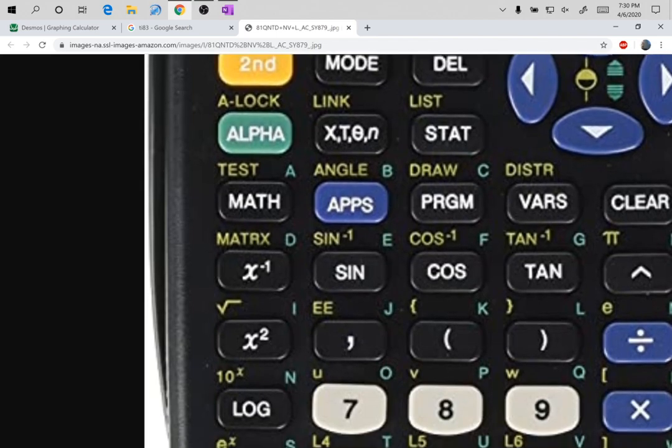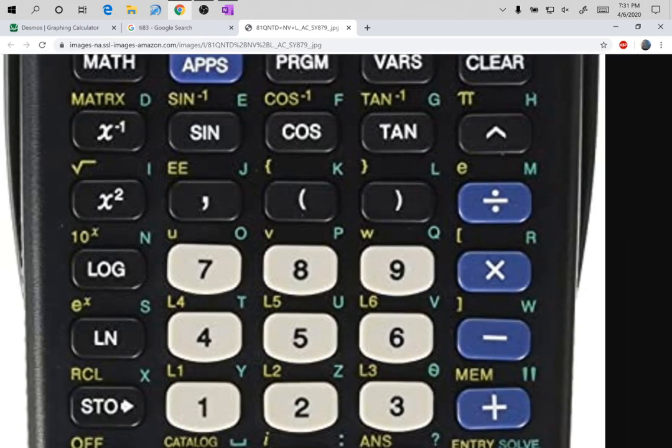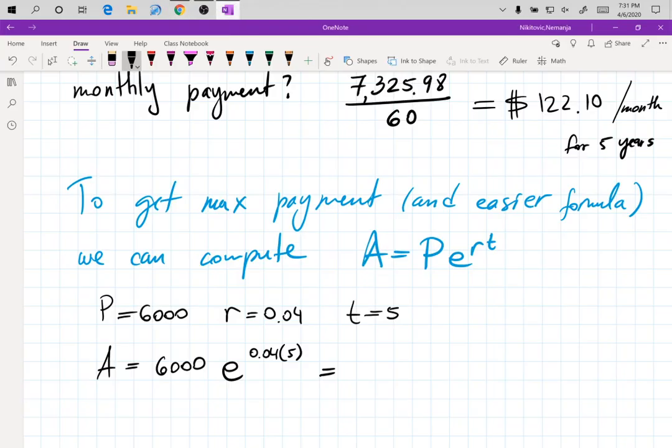But there is one more E that you can use, and that's right here above this button ln. There is also e to the x. You can literally use either one of them. If you use the other one, you have to push the exponent button, which is the little caret sign above division. Or if you use the button that has ln on it, with the second key, then you can just push in E in a single shot.